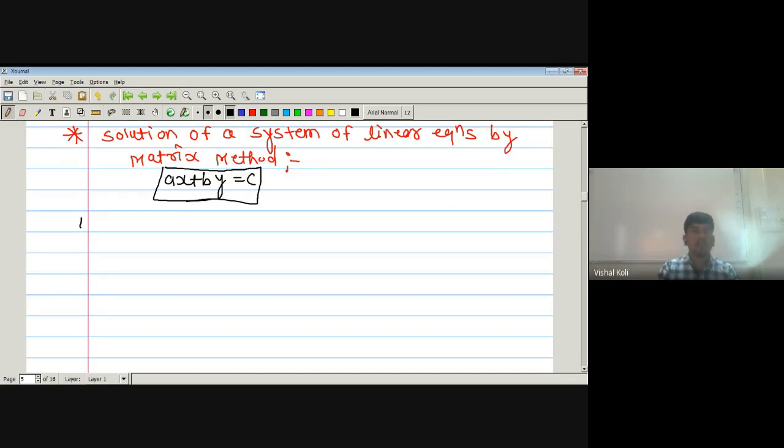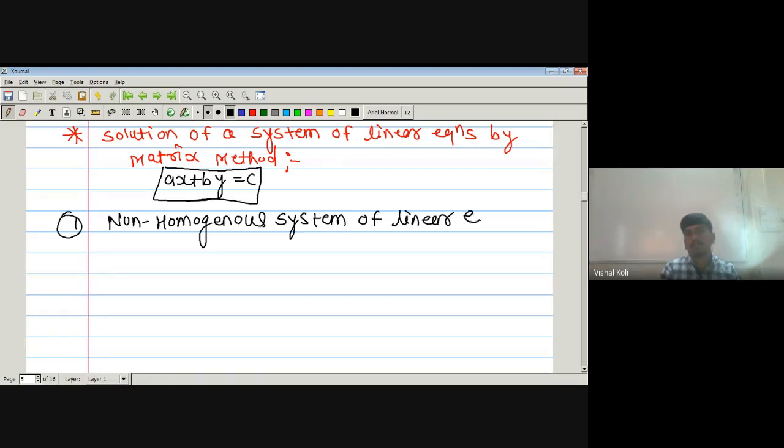Okay, now first, we will see what the homogeneous and non-homogeneous systems of linear equations are. So first one, non-homogeneous system of linear equations.